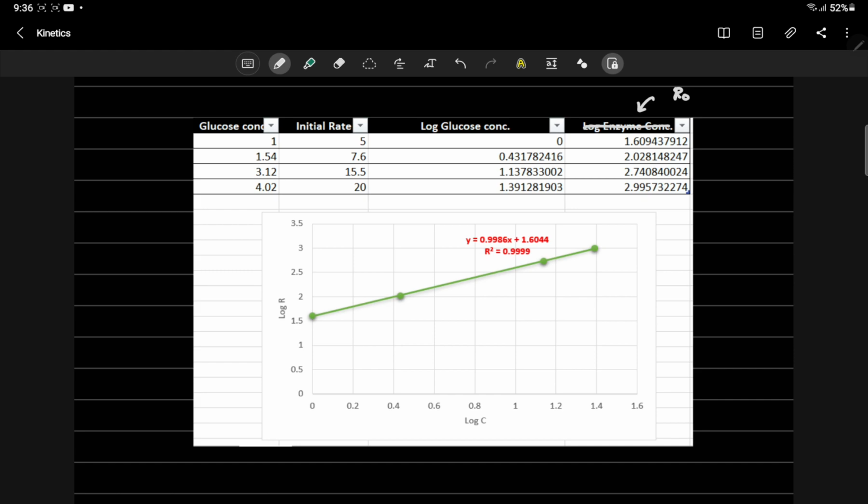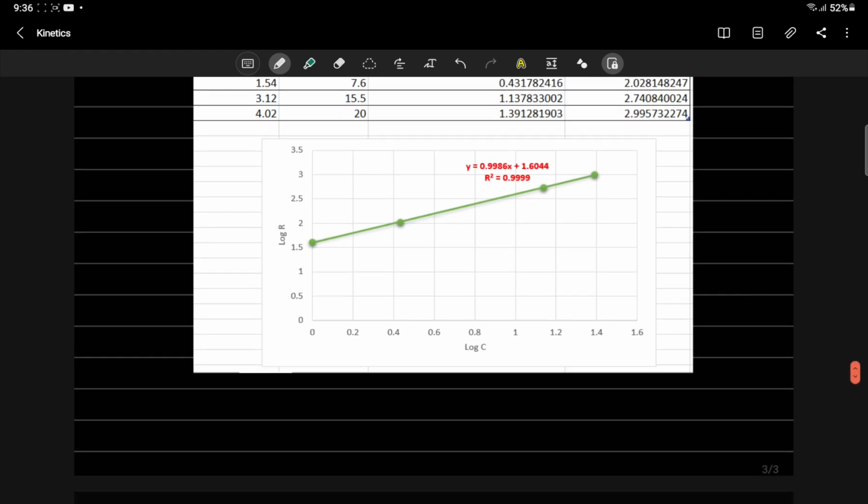Anyway, once you have done that, you can plot it using Excel, and you will be able to determine that the relation is fairly linear with an R squared value of 0.9999, so close to unity. And you have there the equation of the line.